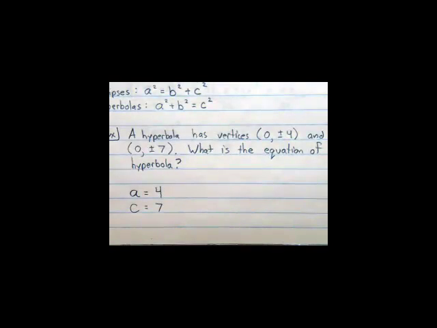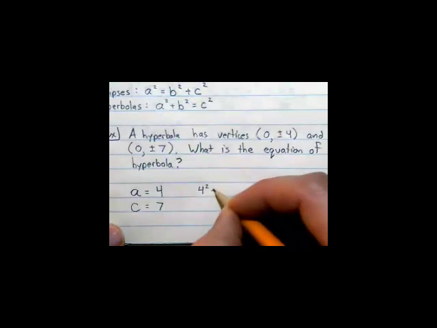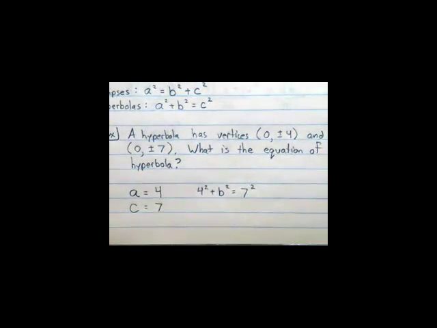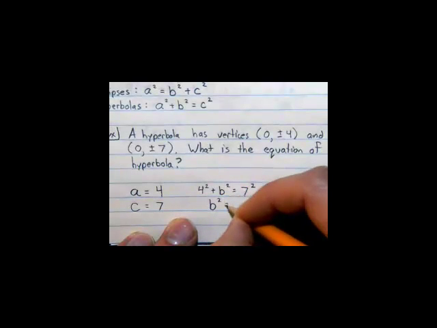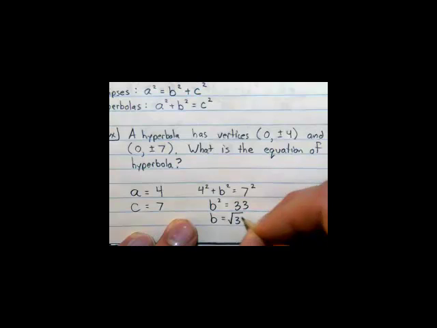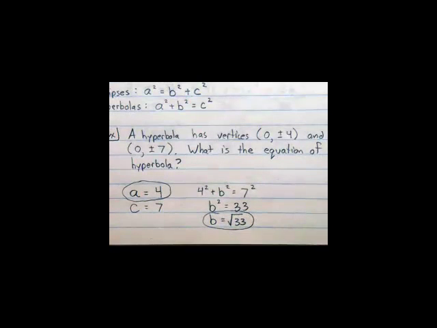So if I follow my hyperbola Pythagorean theorem here, 4 squared plus b squared equals 7 squared. So 49 minus 16. Feel free to leave that as the square root of 33 because it's easier when you go back and plug it in.